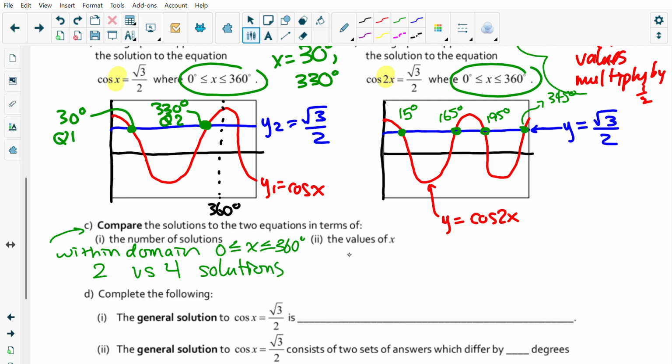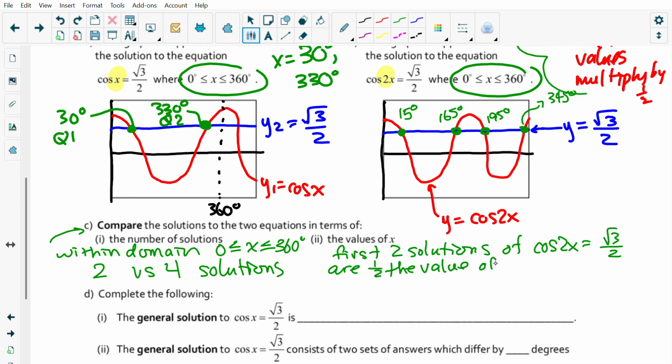The values of x. The first two solutions of cosine of 2x equals square root of 3 over 2 are exactly 1/2 the value of the solutions for cosine of x equals square root of 3 over 2.